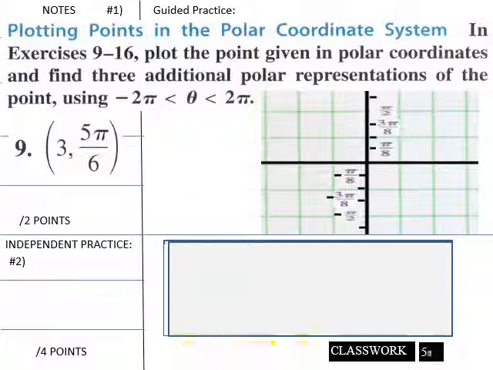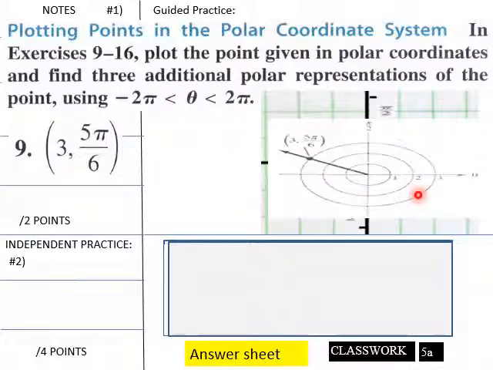When we plot that, we have 3 circles here, so it'll be 3 units out here. And then 5 pi over 6 will be almost 180, a 150-degree angle here.